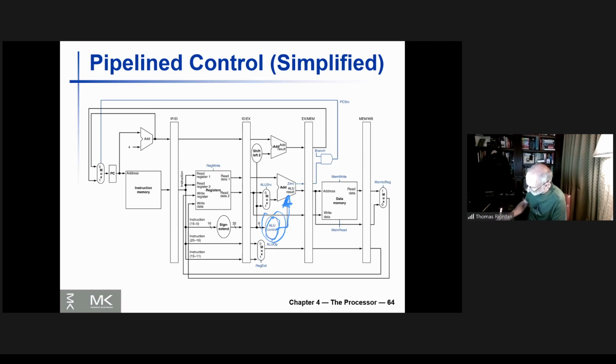So that the data for an add instruction, when it's coming out of the register file and registered here, we have to have the bits of the control also registered and available during that same clock cycle. So these things have to stay in step with each other.